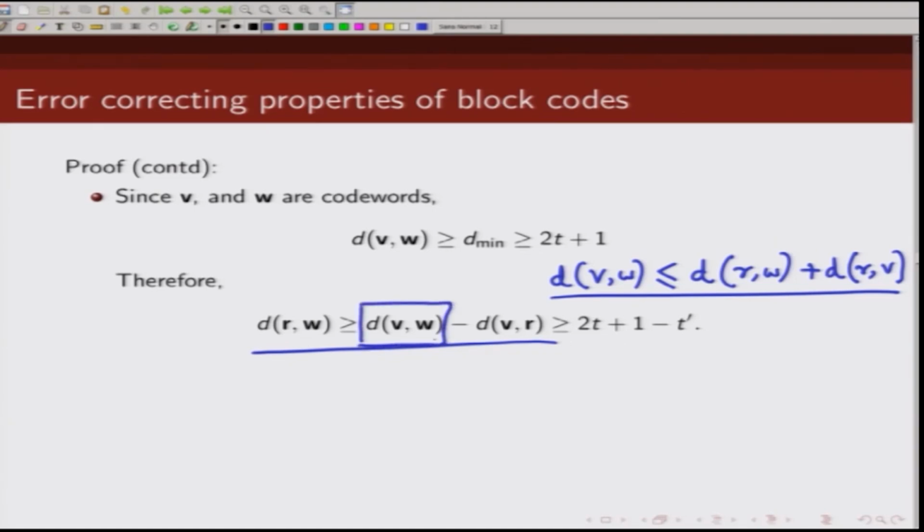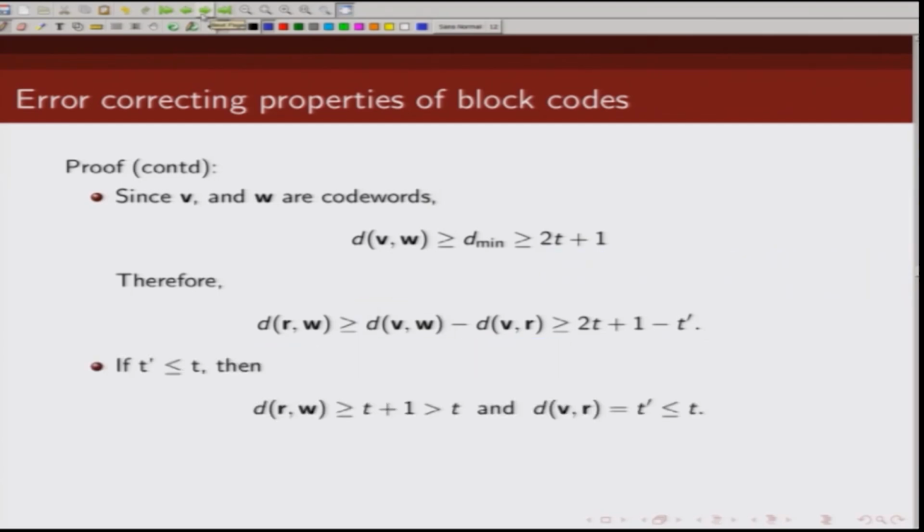Hamming distance between V and W. The Hamming distance between V and W is at least equal to 2t plus 1. And what is the Hamming distance between the transmitted code word and the received code word? We denote it by t dash. So, then Hamming distance between R and W is at least 2t plus 1 minus t dash.